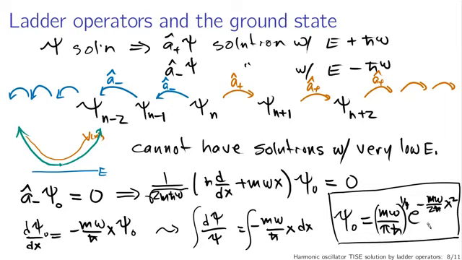Now it's off to the races. By consideration of the Hamiltonian, attempting to factor it, defining ladder operators, and exploring the consequences of these ladder operators, in particular that any single solution gives us an infinite number of solutions by repeatedly applying a plus and a minus, the necessity of a normalizable wave function, the necessity of having a lowest energy state, meant that we got an equation that was simple enough that we could solve it with just simple ordinary differential equations.